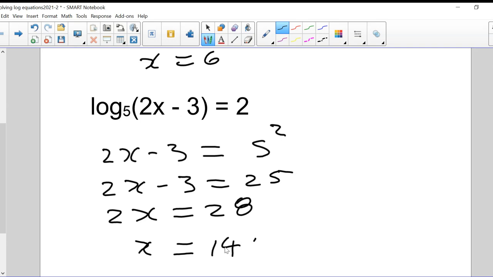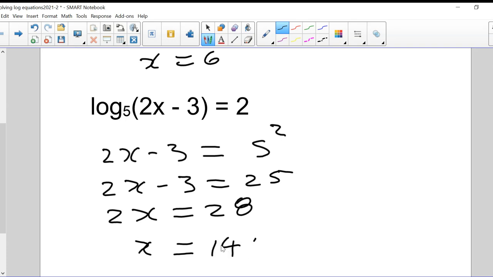And all extraneous means is that, yes, algebraically, it makes sense for that to be an answer, but it doesn't work with the original equation because maybe you had to find the log of something that was negative, for instance, and we know we can't take the log of a negative, or you have to find the log of 0, which does not exist. So one of the things that you need to be careful of is that your answers are not extraneous.